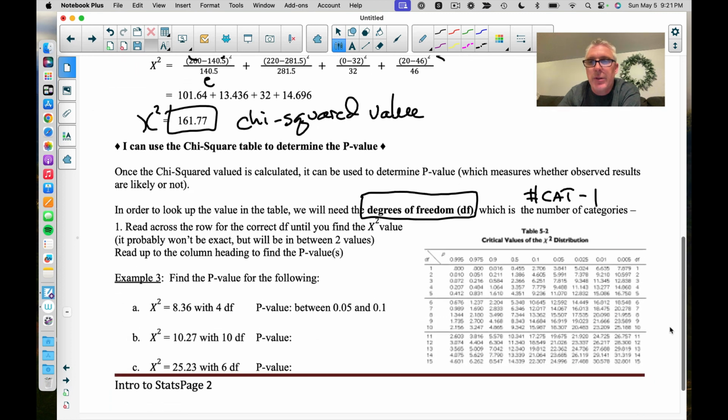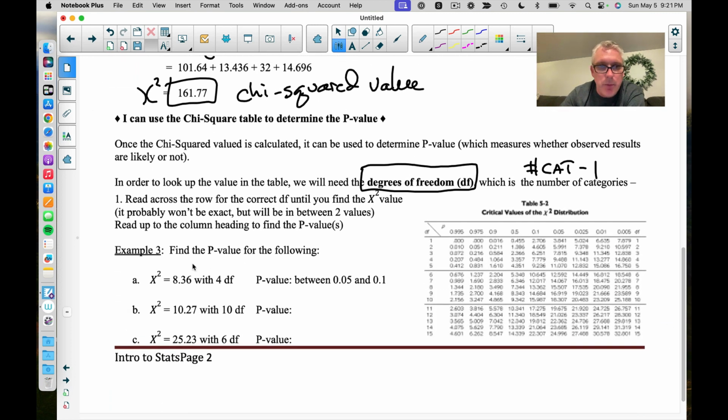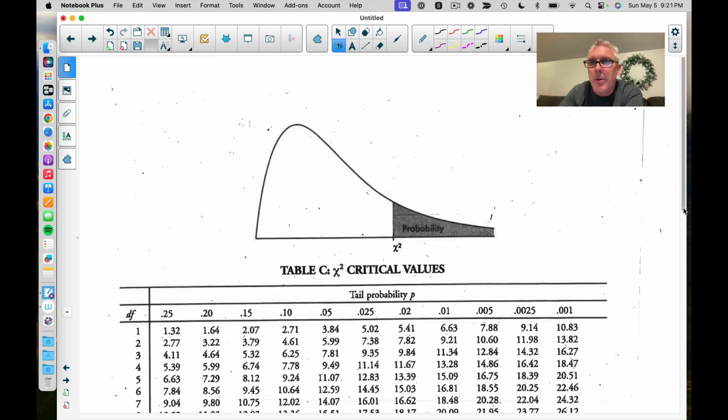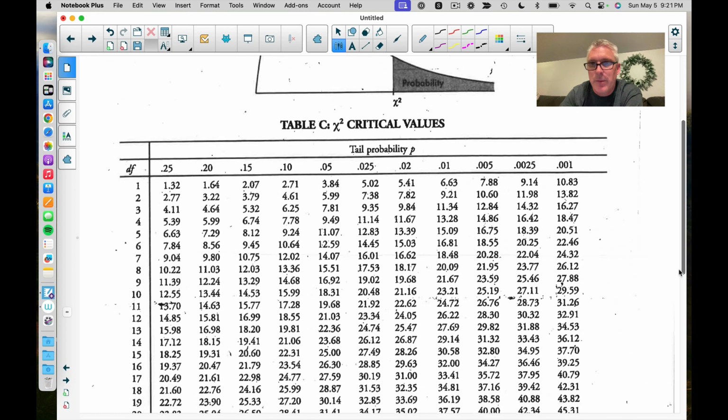Okay, so here are some numbers thrown at you. Let's say we had a chi-squared of 8.36 and we had degrees of freedom of 4, which means there would have been 5 categories. All right, 8.36, I'm going to the table. This one is different.